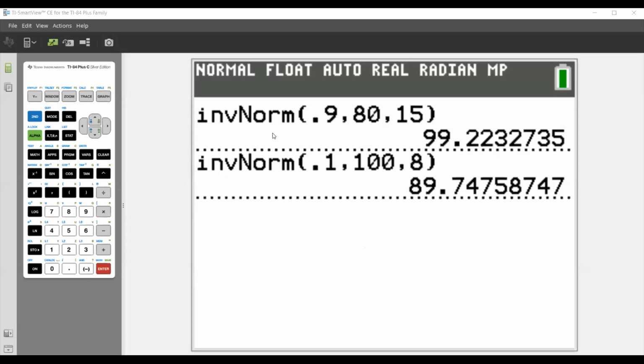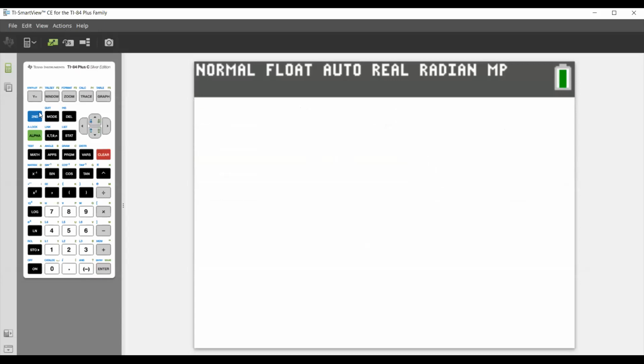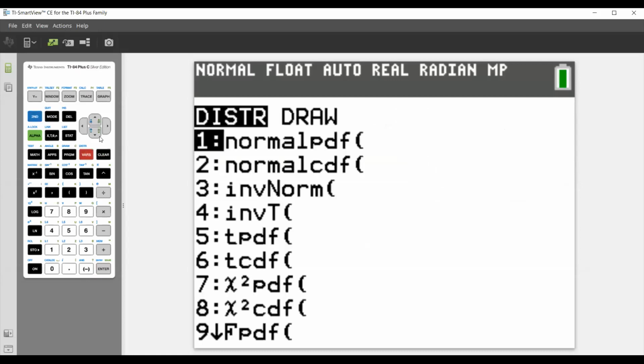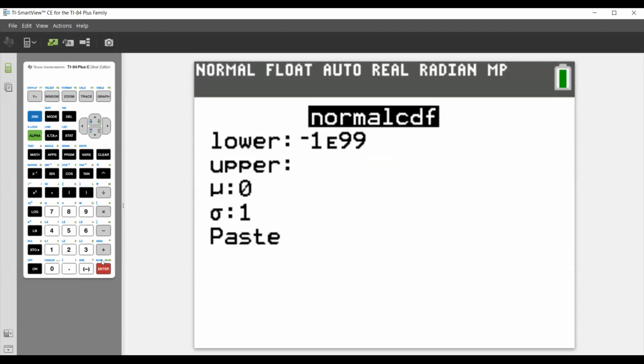So let's clear this. Okay. All right. So we're being asked to find a probability. Normal CDF. The question is... well, actually, we didn't look at the questions, did we?